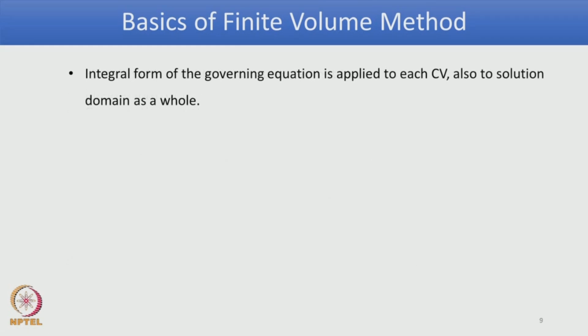Now, the integral form of the governing equation is applied to each control volume. Separately you apply it for each control volume, and we mentioned in the beginning that the entire domain is divided into a number of control volumes. So, you apply this governing equation to each control volume, so in total for the entire domain as a whole.